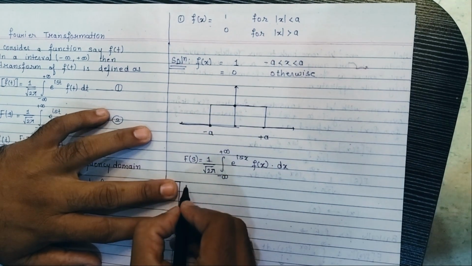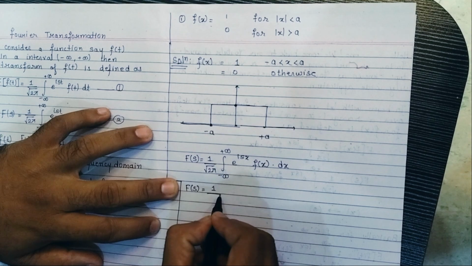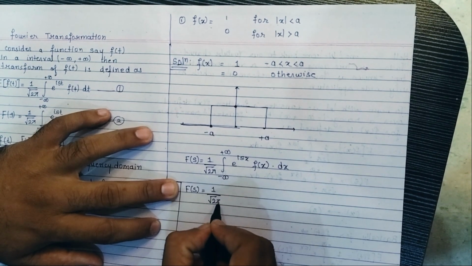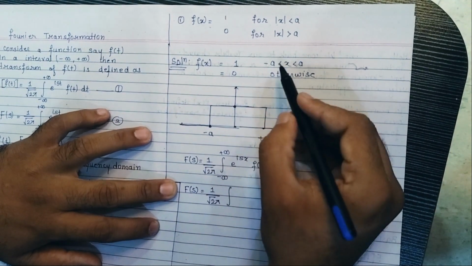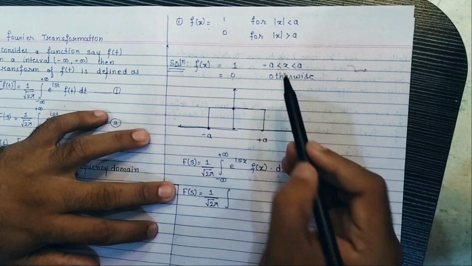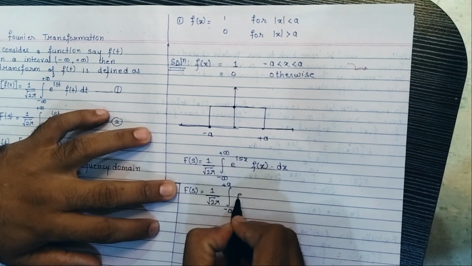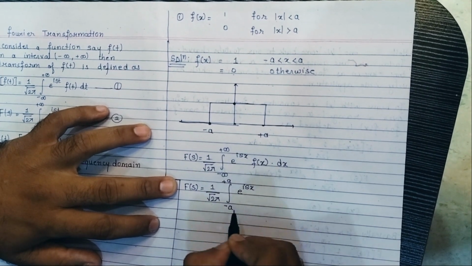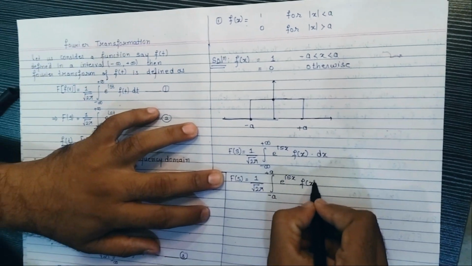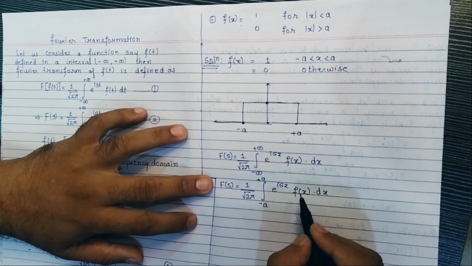So I can write the limits directly as minus a to plus a, because it has value 0 otherwise. So the limits will be minus a to plus a, e to the power isx, f of x dx. Now for the limits minus a to plus a, the function has value only 1.